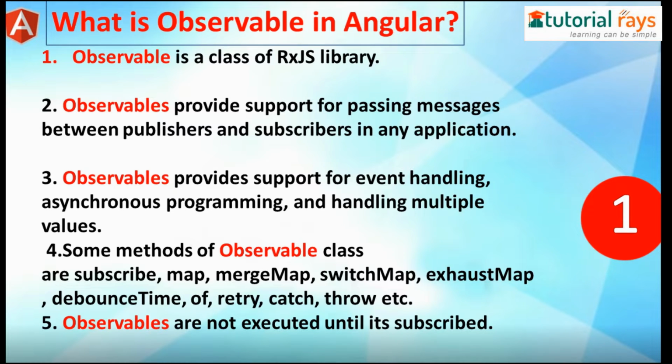Observable consists of two parts. One is the creator and the other one is the consumer. And the third point is, observables provide support for event handling, asynchronous programming and handling multiple values. Let's understand these things also.